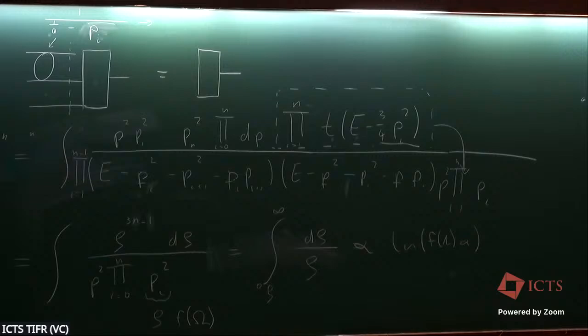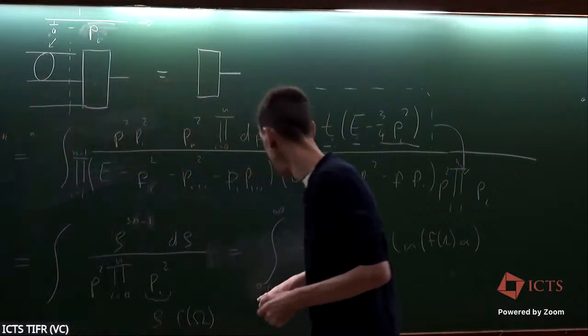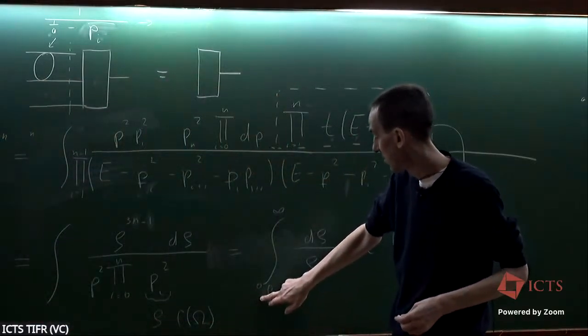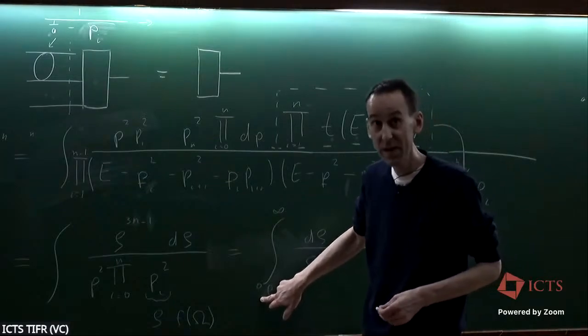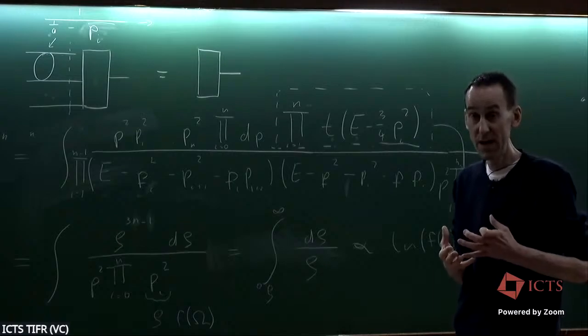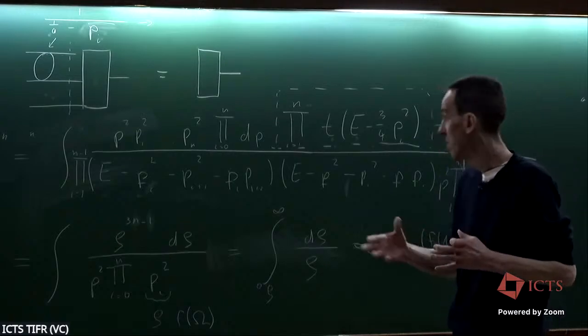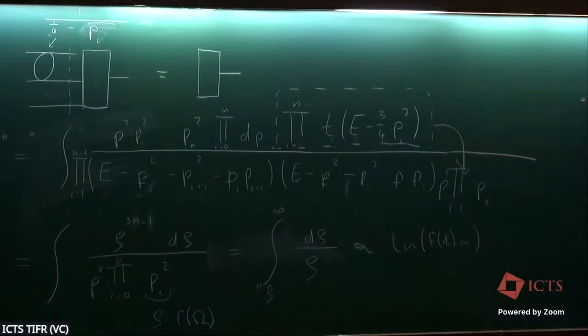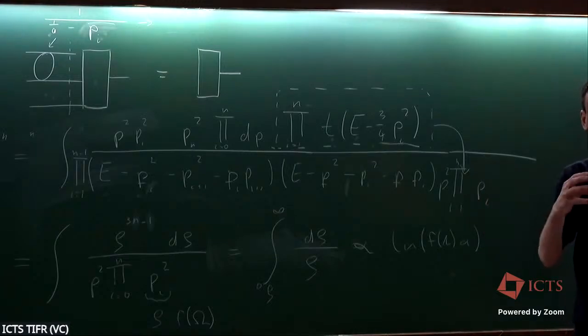And the divergence is happening at rho equal to 0, and rho being the total momentum 0. So rho here in coordinate space characterizes the size of the system.